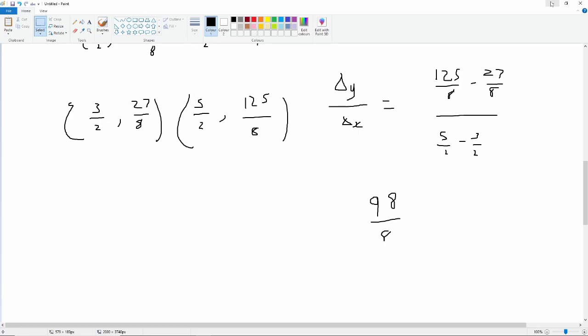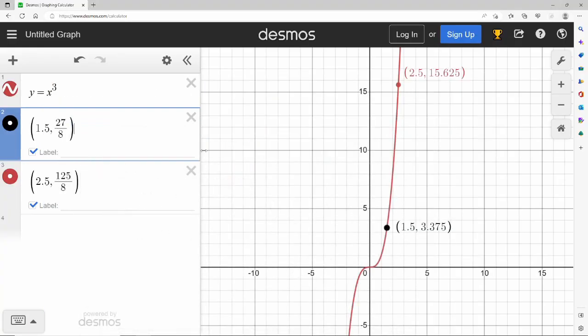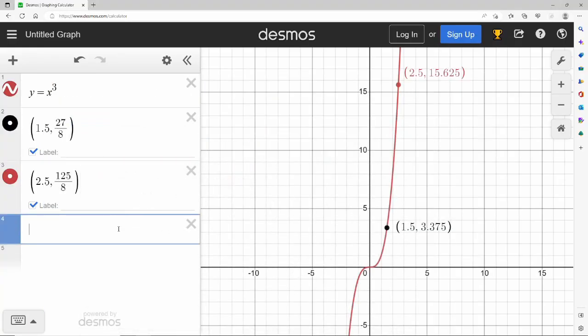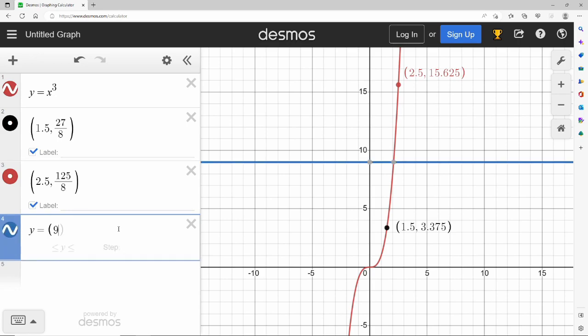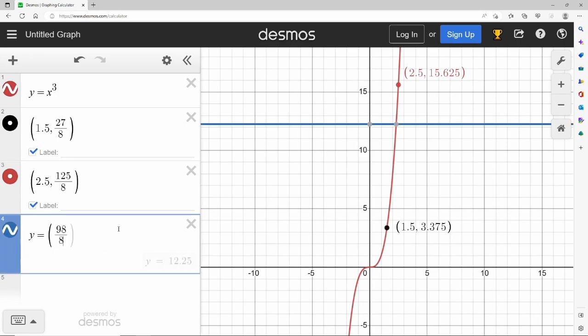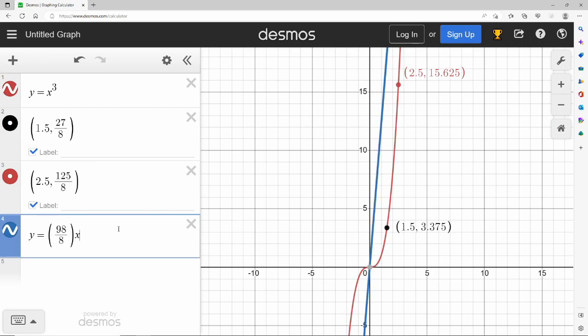Okay, so let's try the line with the slope y equals 98 over 8 x, and now I need to line these up, so let's subtract, say 10, no, 12, 13, 14, 15.